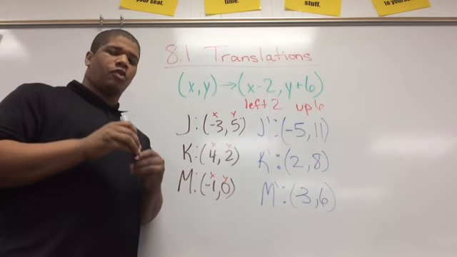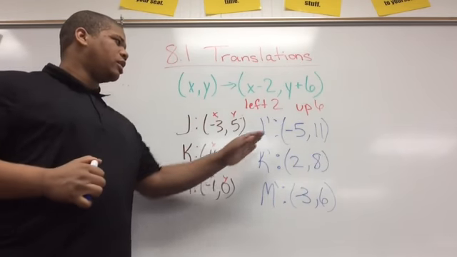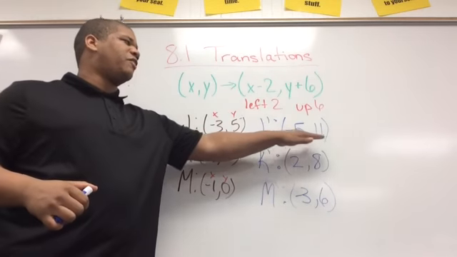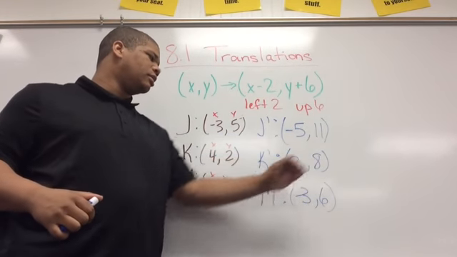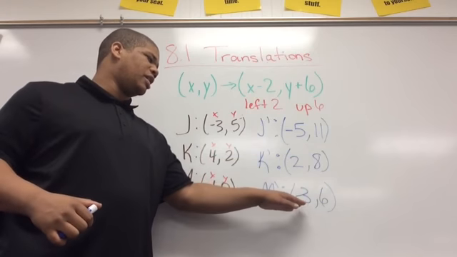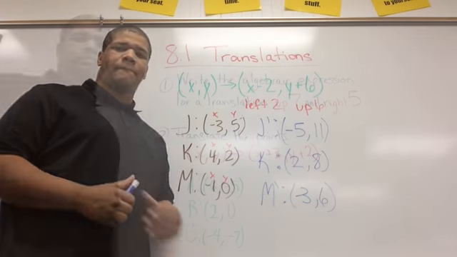So the coordinates for the points in my new figure are going to be J prime is negative 5, 11, K prime is going to be 2, 8, and M prime is going to be negative 3, 6.